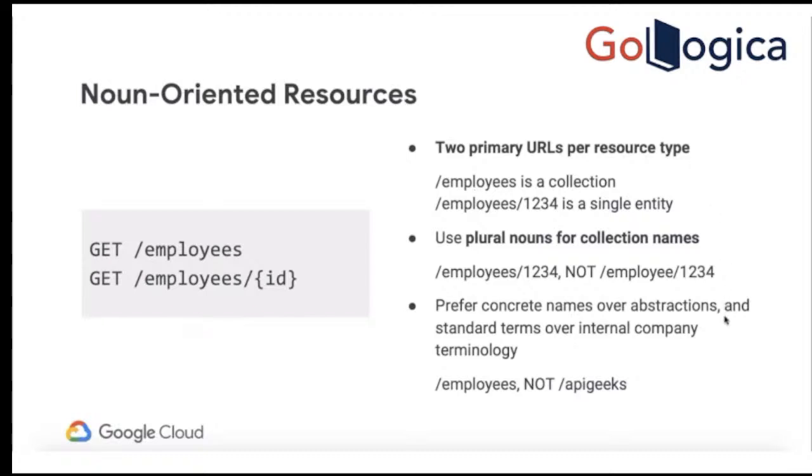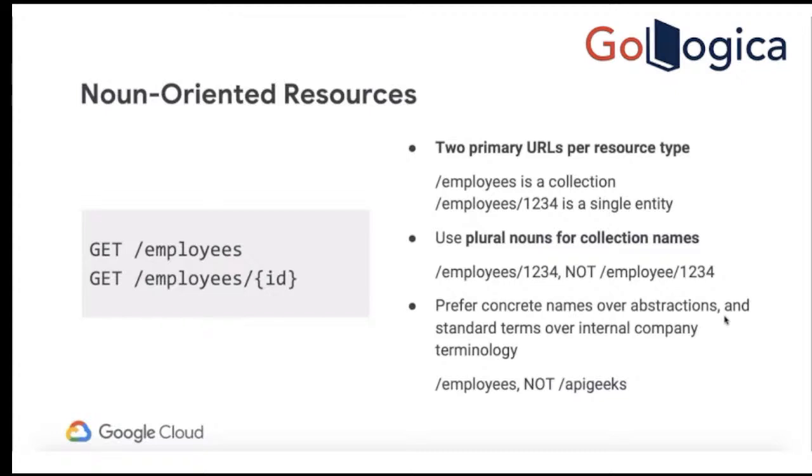And Apigee recommends using plural nouns for collection names. So here we use things like customers, employees, orders, in plural nouns. I have seen some organizations and companies that prefer singular as well. It is just a matter of their preference. Both of them are right.